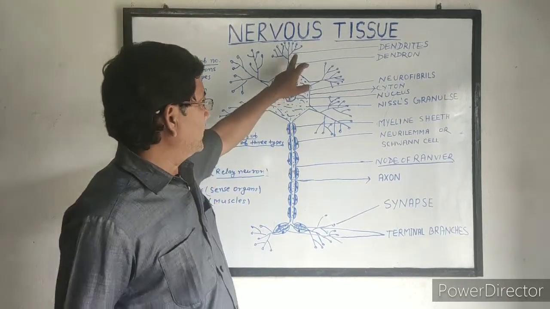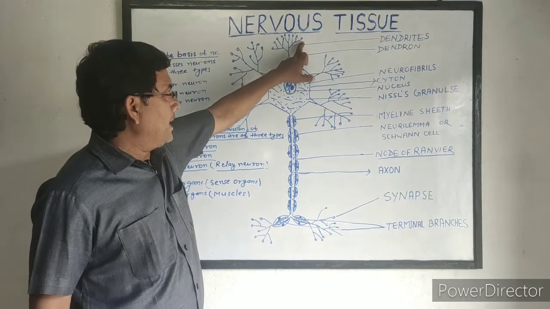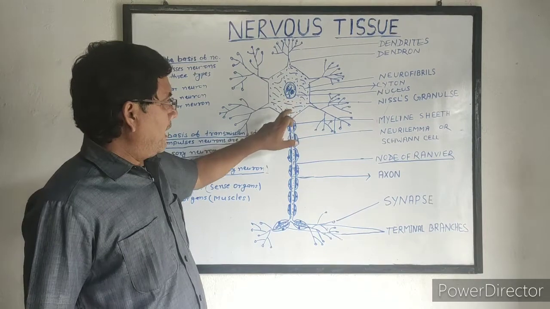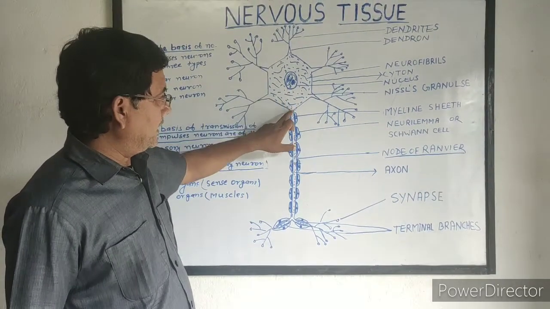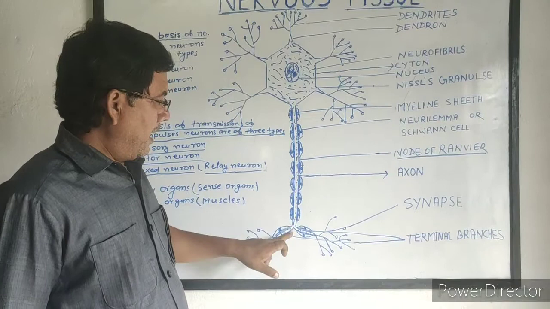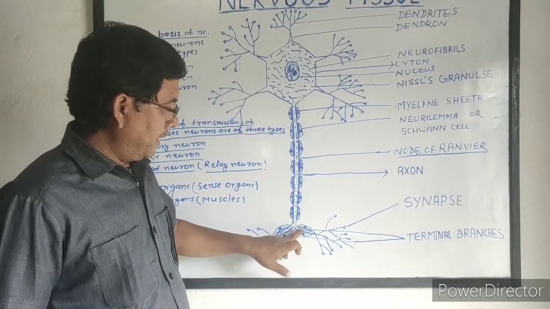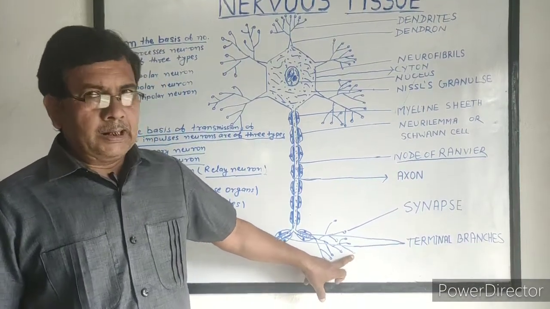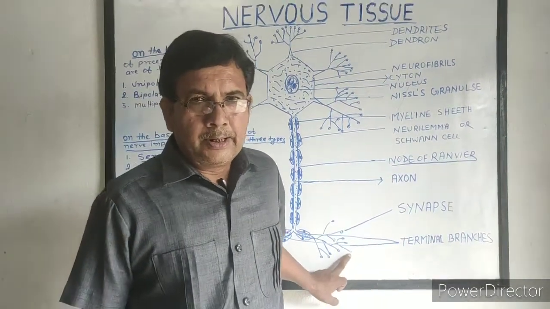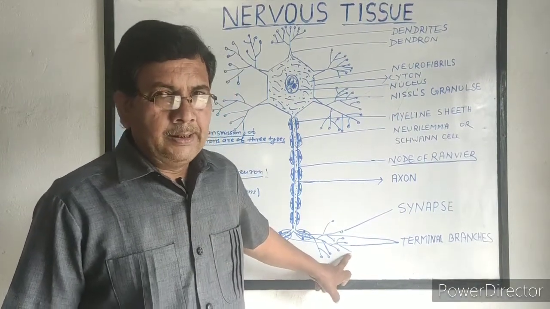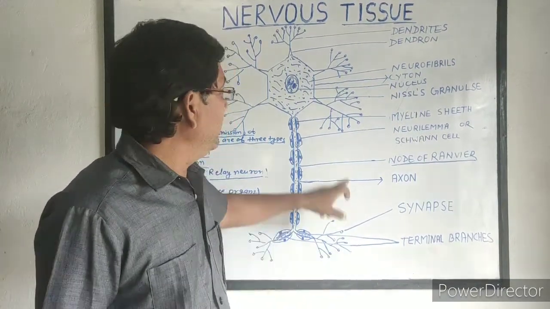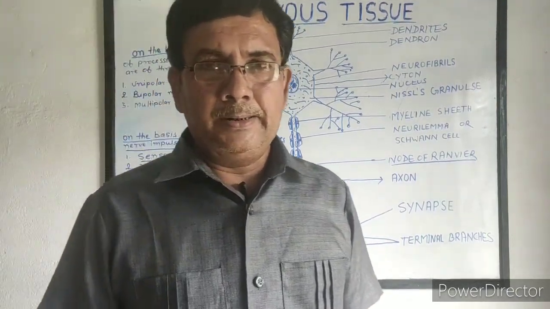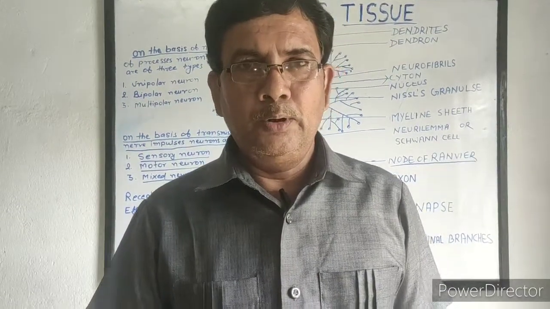These electrical impulses come from the dendrites to the dendron and from the dendron to the cyton. And the cyton transmits these electrical impulses to the axon, and from the axon they go into the terminal branches and synapse of the terminal branches, where the electrical impulses again change into chemical, and this chemical diffuses to the dendrites of other neurons. In this way, nerve impulses are transmitted from one neuron to another neuron.